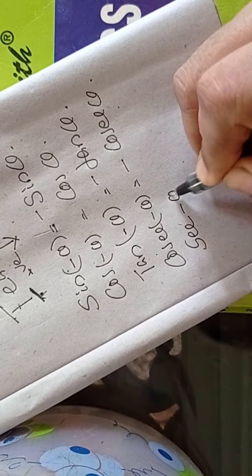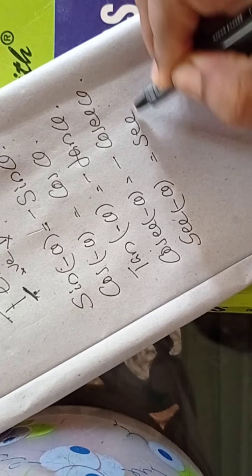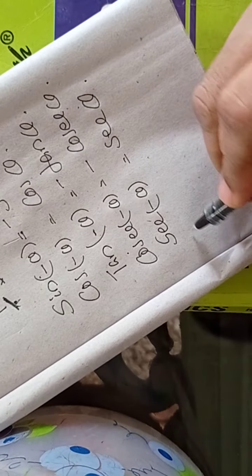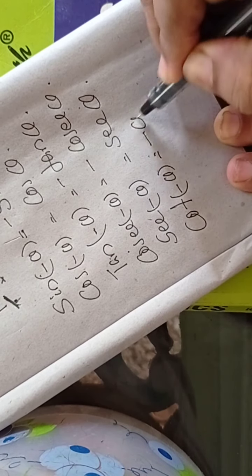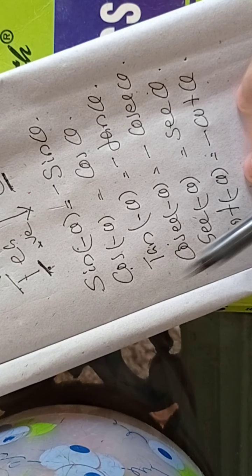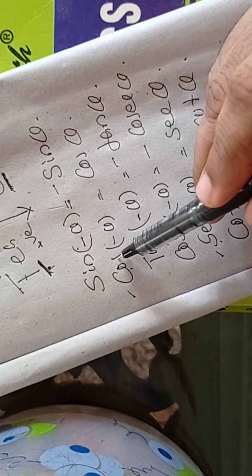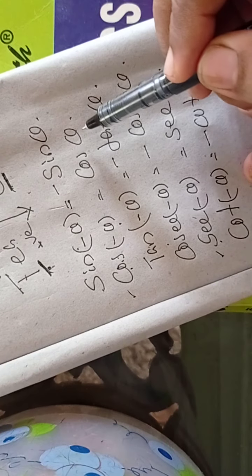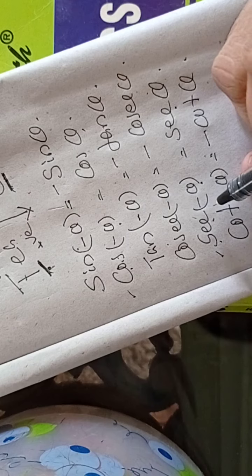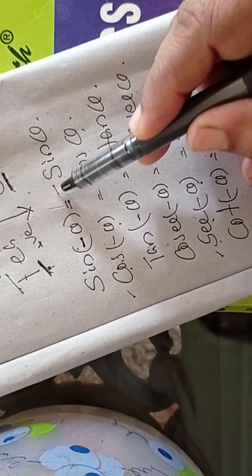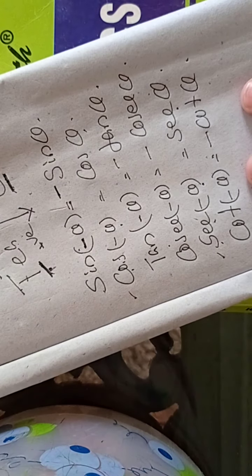Sec minus theta is sec theta. And last one, cot minus theta is minus cot theta. Only cos and sec, they are reciprocal relations: cos minus theta is cos theta, sec minus theta is sec theta. For all others, if the angle is negative, we take that negative sign outside.